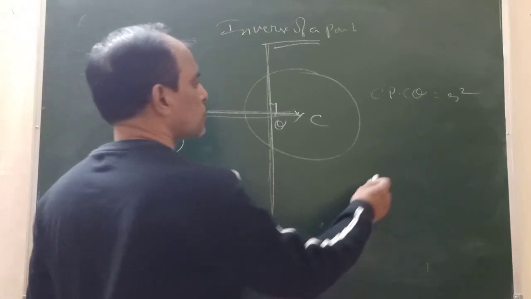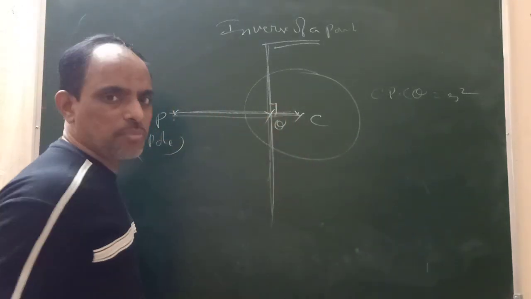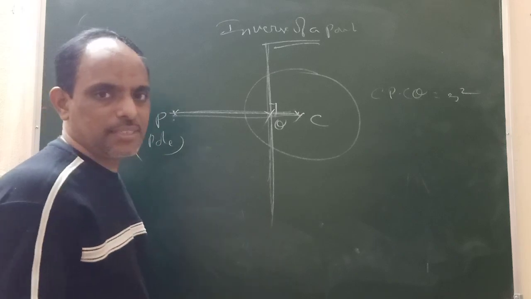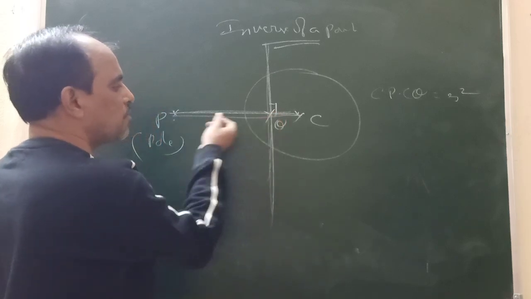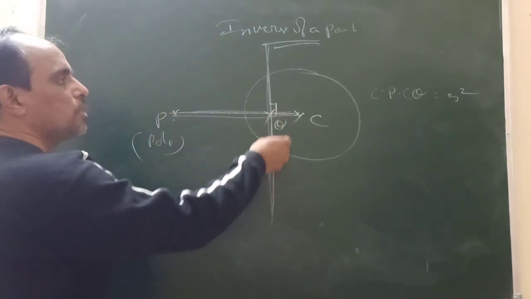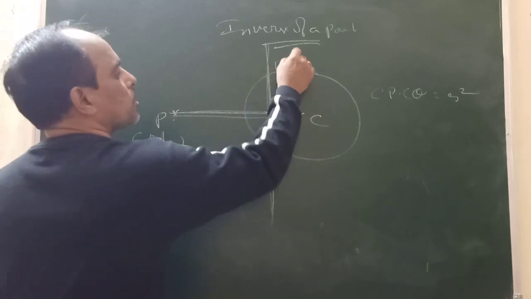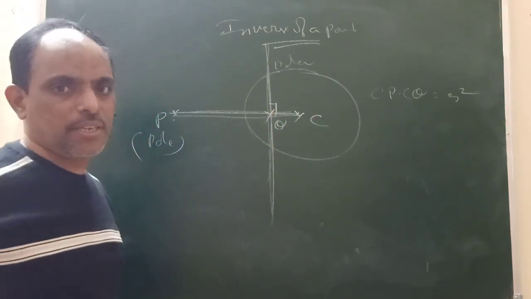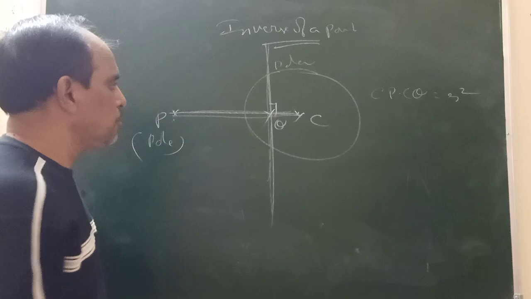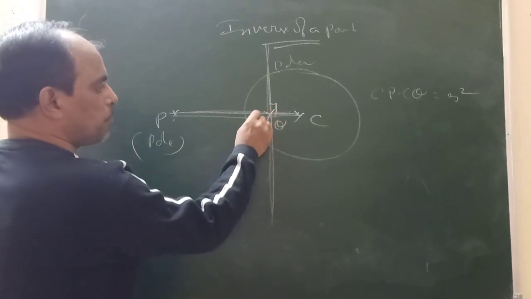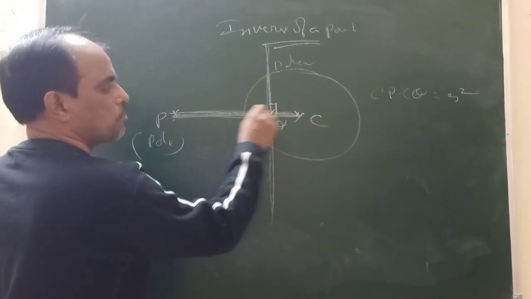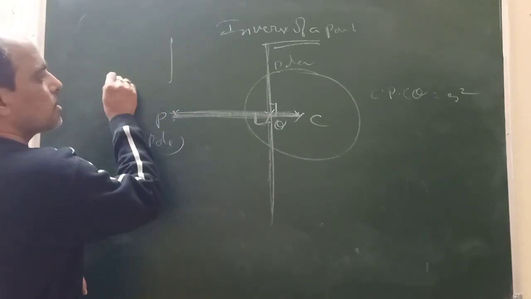Then we can say Q is nothing but the inverse point. That is, Q is called the inverse point of P with respect to the circle. This is the polar. How to find the inverse point? You see, this is perpendicular, as I told you. So it is like this.